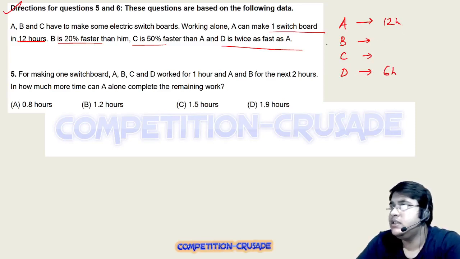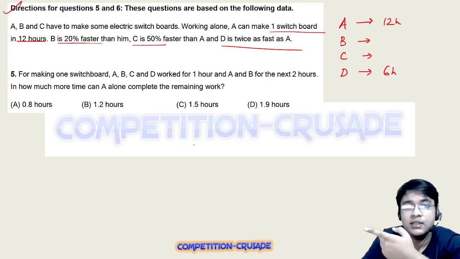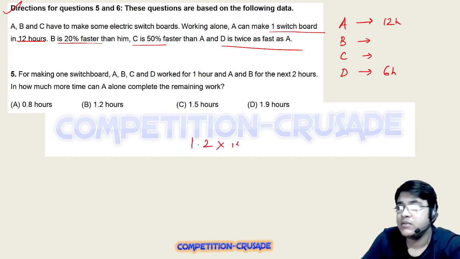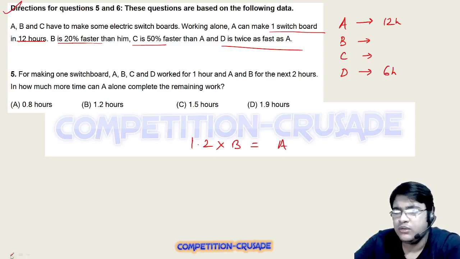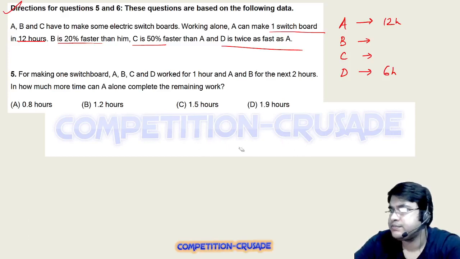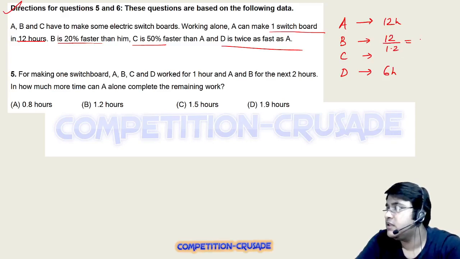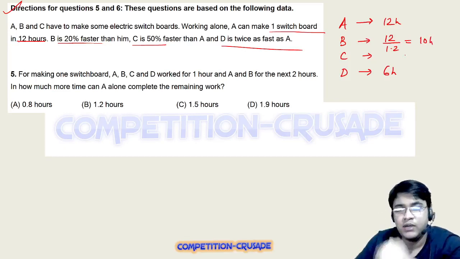And what about these two fellows? Now understand this thing very carefully. B is 20% faster than him. What does 20% faster mean? 1.2 times A is equal to B. So this will become 12 by 1.2, which is 10 hours, and for C it will be similarly 12 by 1.5.